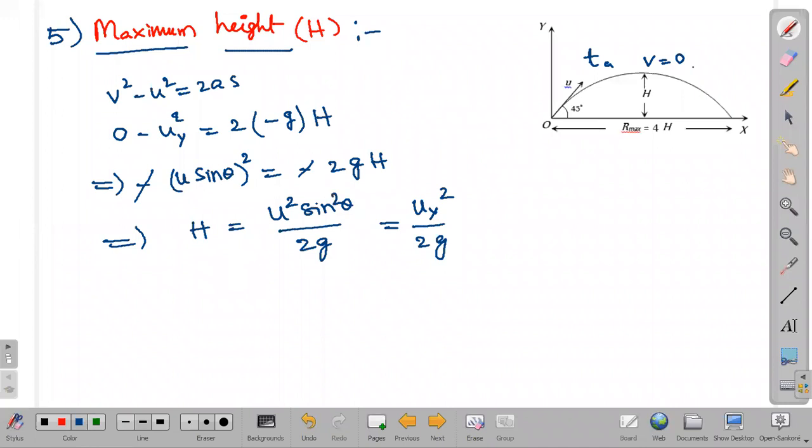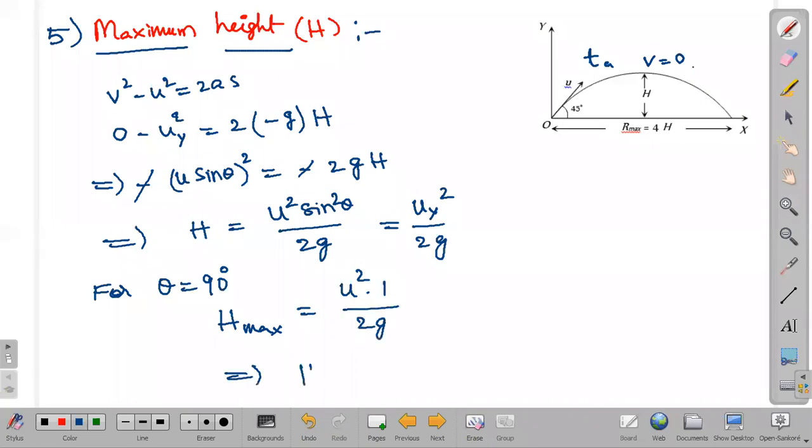So for theta equal to 90 degrees, H maximum is equal to u square sine 90 square, sine 90 is 1, 1 square is 1, by 2g. So for 90 degrees of angle of projection, the projectile will travel to maximum height. u square by 2g is our maximum height of the projectile, right? So that is about the maximum height of projectile.